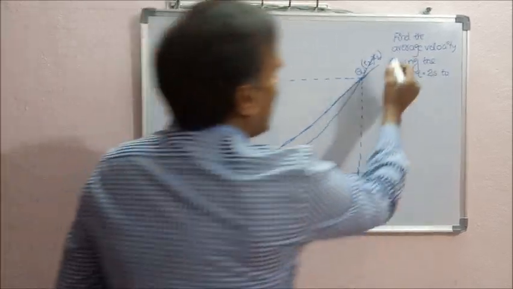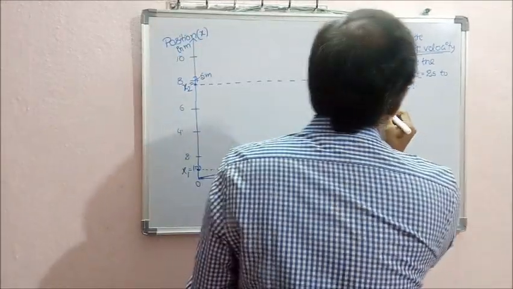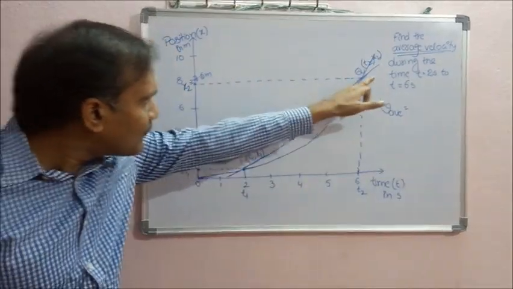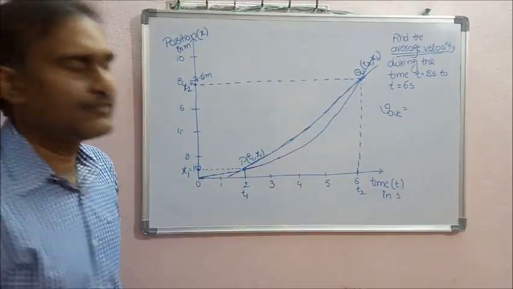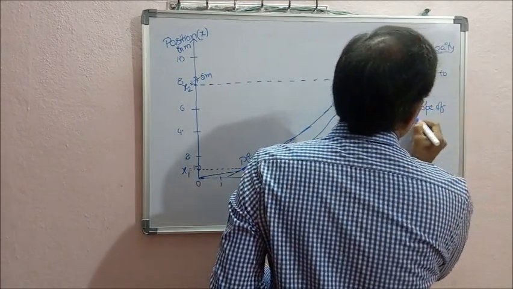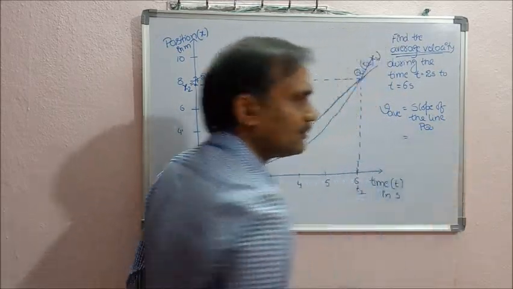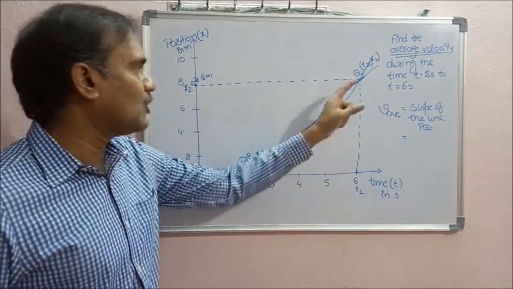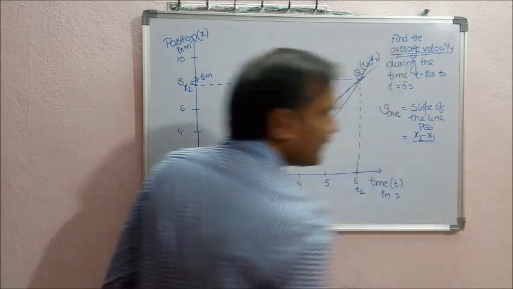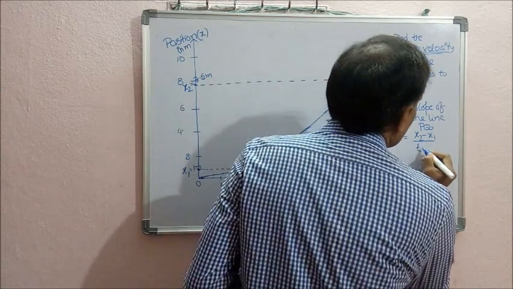Now average velocity or average speed. That average velocity V average is equal to slope of this straight line PQ. Slope of the line PQ is equal to change in y coordinates, nothing but x2 minus x1, divided by change in x coordinates, t2 minus t1.